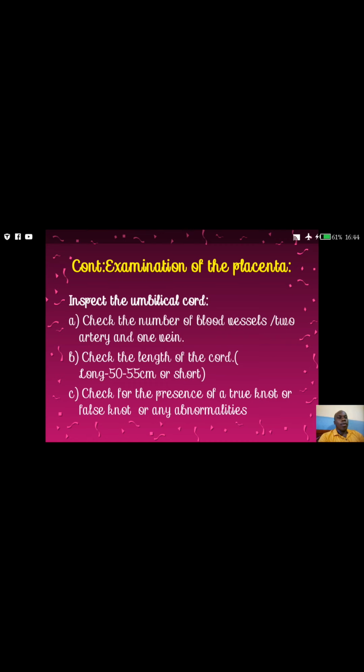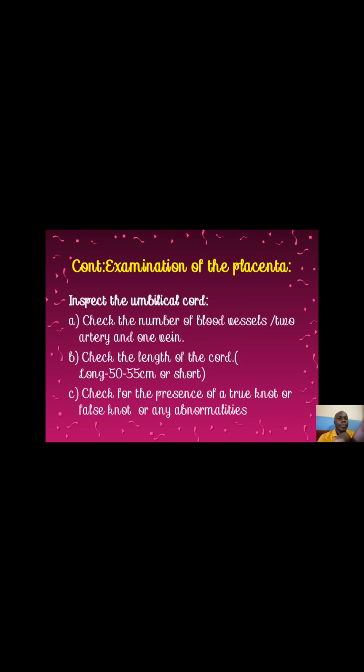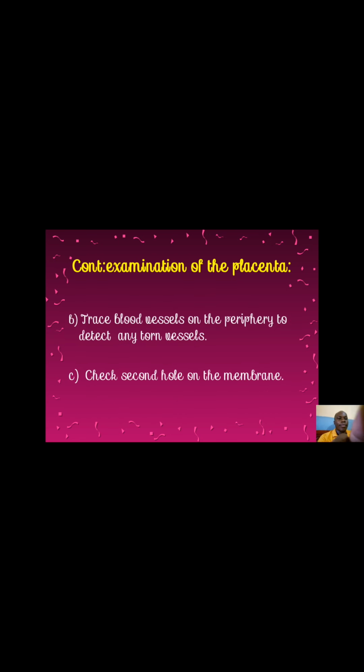Check for holes on the membrane. Angalia kwenye membrane ambayo ni amnion membrane, kama kuna any tear au kama labda hiyo membrane imechanika, angalia. Je, imechanika na hiyo ambayo imechanika imetoka au haijatoka? Kama haijatoka, lazima tuitoe kwa sababu tusipoitoa mama atableed.